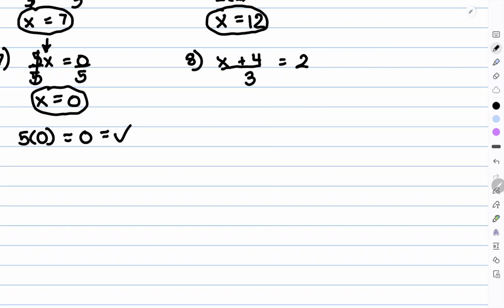So number 8, last one. This one might be a little bit tricky, but it's okay. x plus 4 over 3 equals 2. You always want to start with multiplication or division before you go to addition and subtraction. If you remember PEMDAS, it is order of operations. Here is parentheses, this is exponents, this is multiplying and dividing, then adding and subtracting.